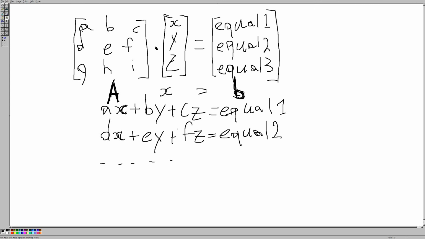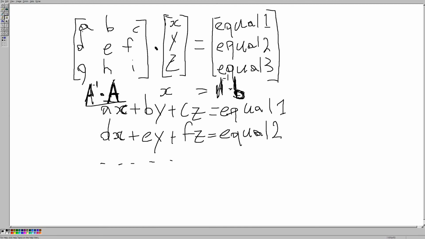Okay, and essentially to solve for X in this case, which is what we want to solve for, we just multiply by A inverse on both sides. And actually, matrix multiplication is not commutative, so we have to multiply on the same side, right?